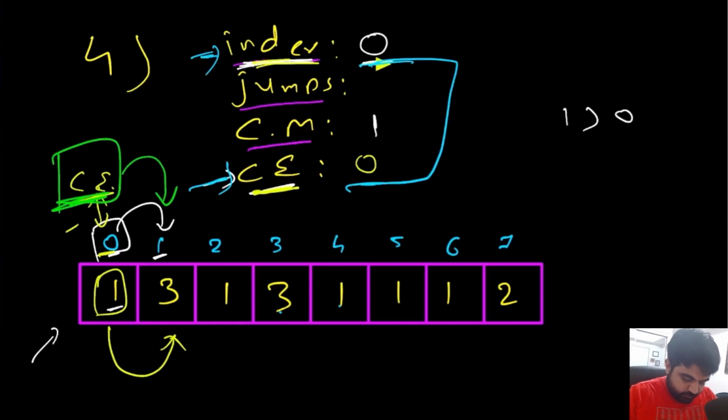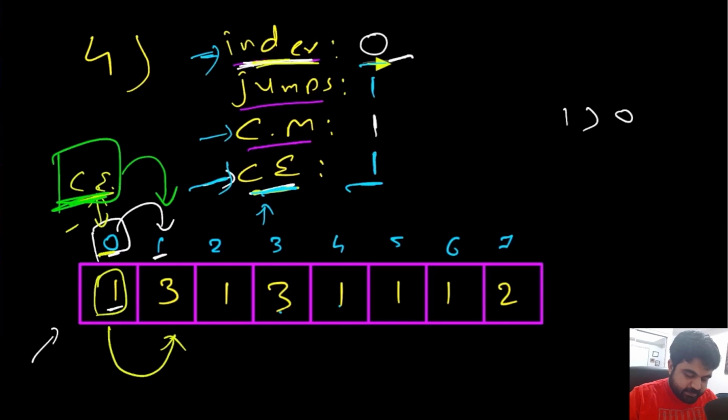So we made a jump, so we will do jump plus plus, so currently this value becomes 1. But where do we update this current end to? We will always update the current end to whatever the maximum value we have been able to find so far. So current maximum we found is 1. So we are going to include this value number 1 over here.